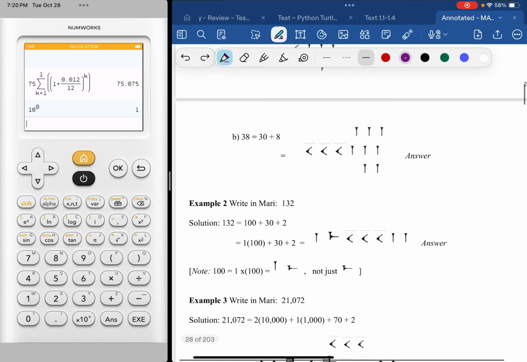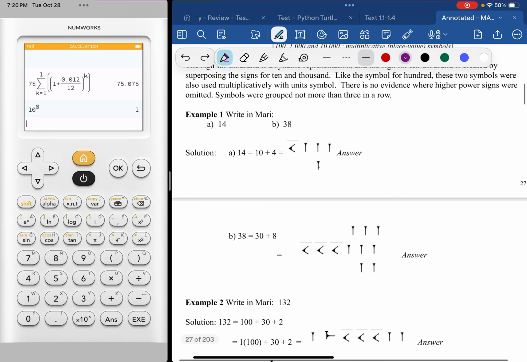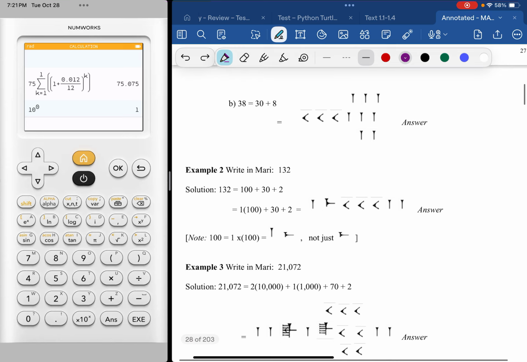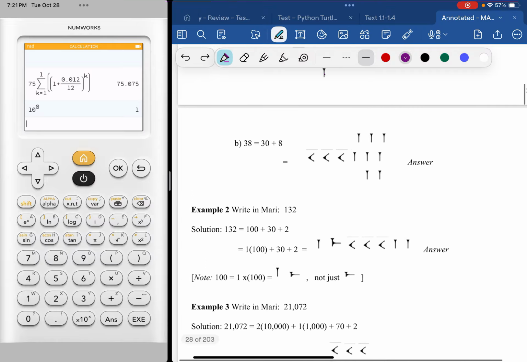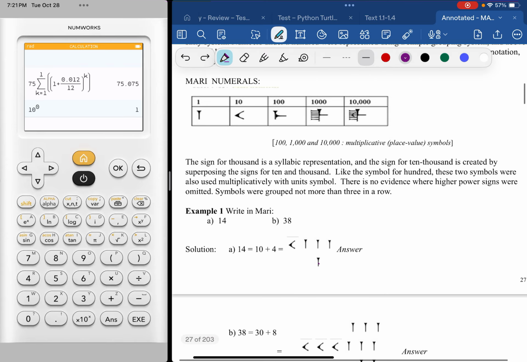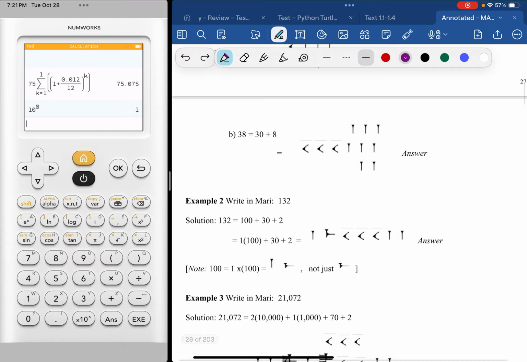All right, going the other way. Well, actually, no, it wouldn't even be the other way. It's the same. 132. So the 132 is the sum of 100, 30, and 2. So the 100 would be this character, and we have 1 of those 100s, right?